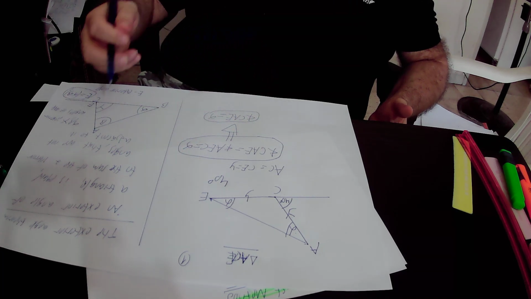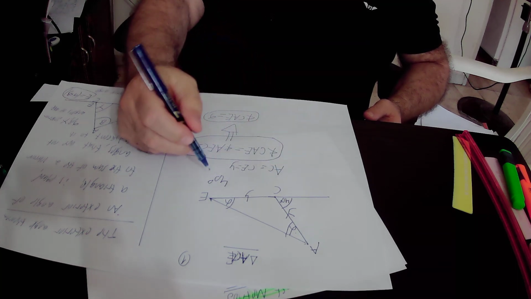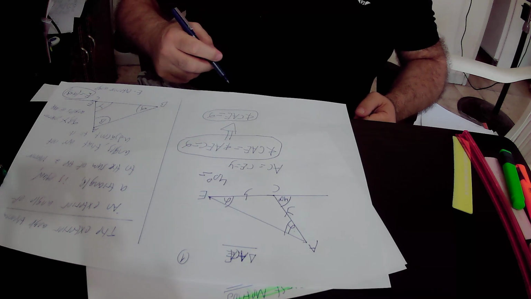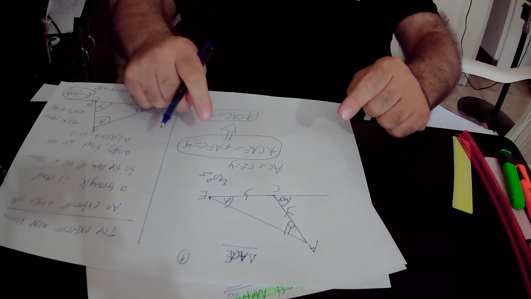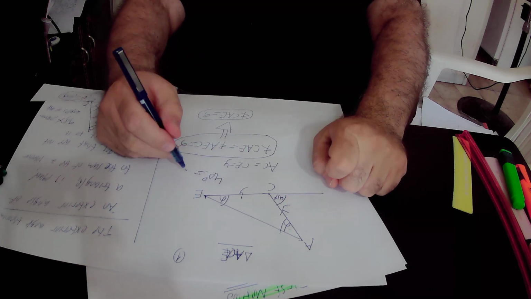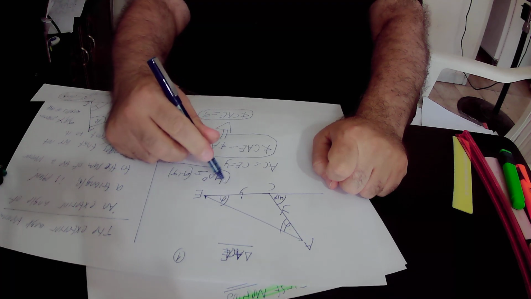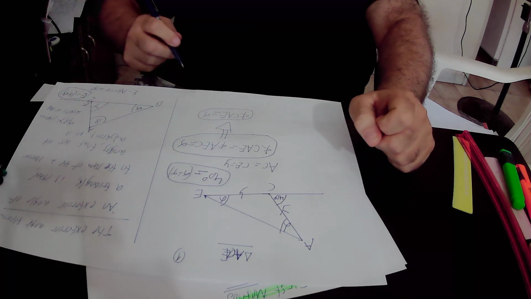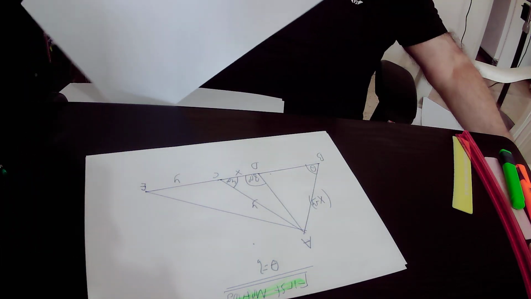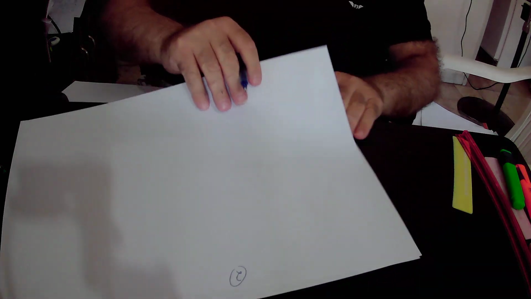According to the exterior angle theorem, the value of this angle, 40 degrees, is equal to the sum of the two interior angles that are not adjacent to it. And that sum is alpha plus alpha. Alpha plus alpha equals 40 degrees according to the exterior angle theorem. So we found that according to the exterior angle theorem, alpha plus alpha equals 40 degrees.